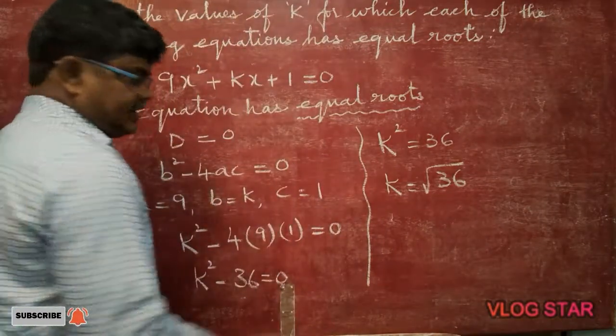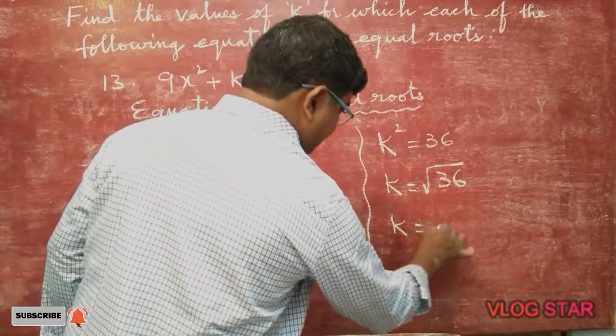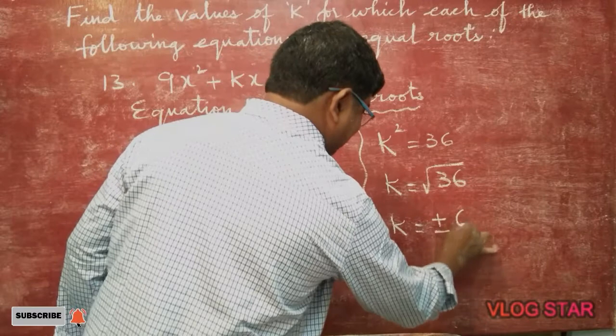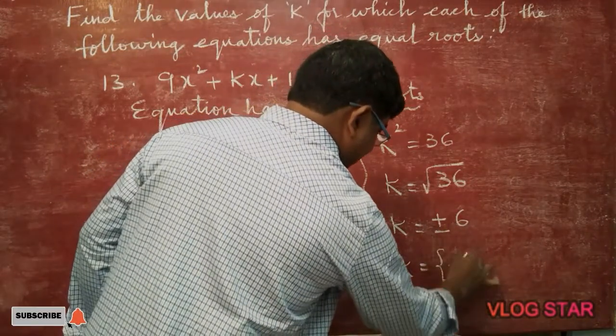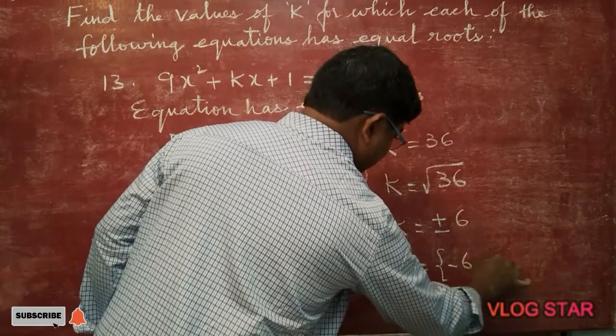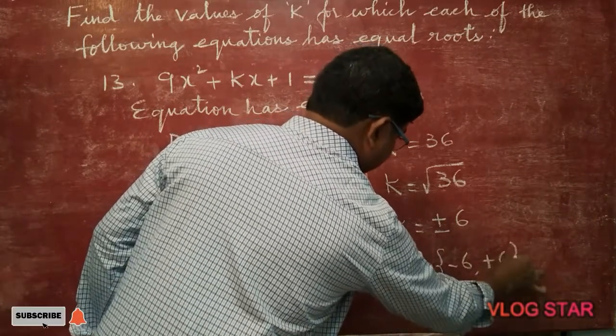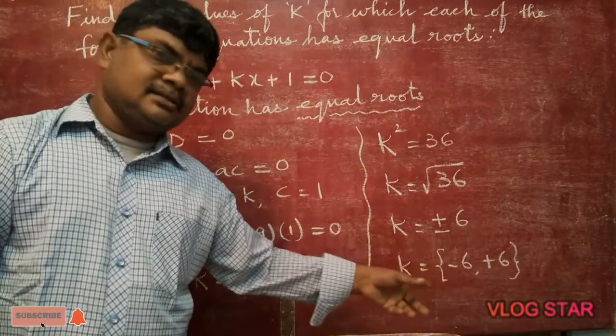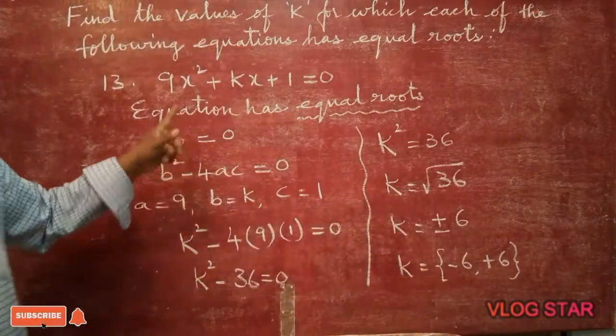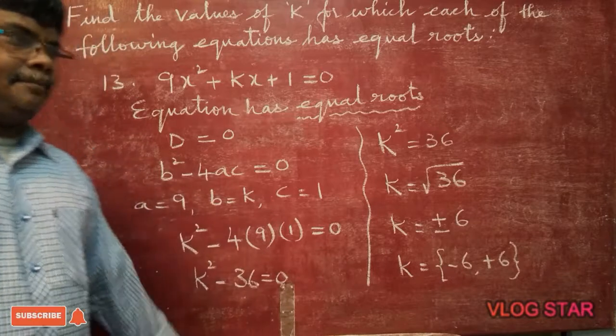What is the square root of 36? K is equal to plus or minus 6. Means if you take minus 6 or plus 6, minus into minus plus, 6 6s are 36, plus into plus, 6 6s are 36. So this is the way of solving for K.